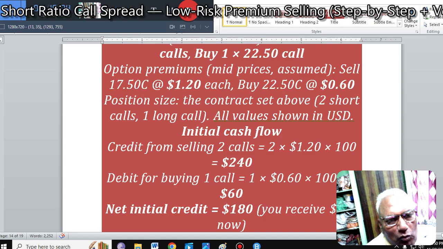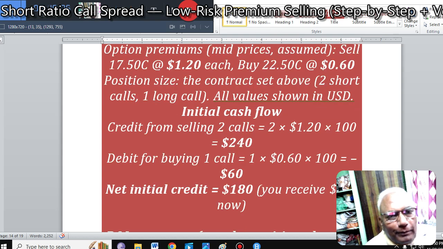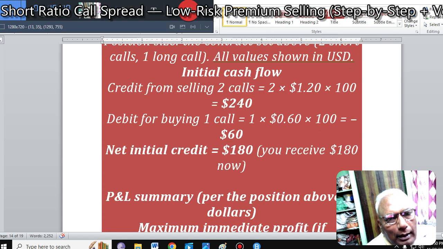Initial cash flow from selling 2 calls: 2 times $1.20 times 100 equals $240. Debit for buying 1 call: 1 times $0.60 times 100 is minus $60. Net initial credit: $180. You receive $180 now.